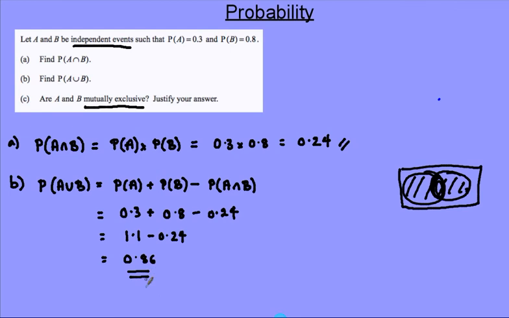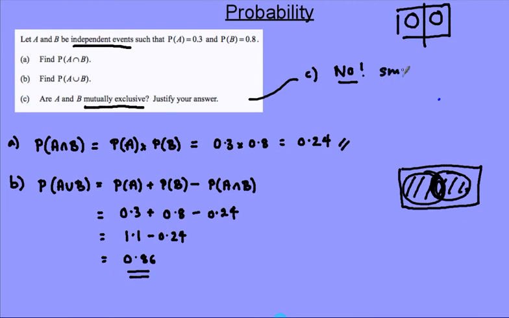Are A and B mutually exclusive? No. Mutually exclusive would suggest that what we have is this. And the one thing about mutually exclusive events, which are completely separate, is that you get no overlap.